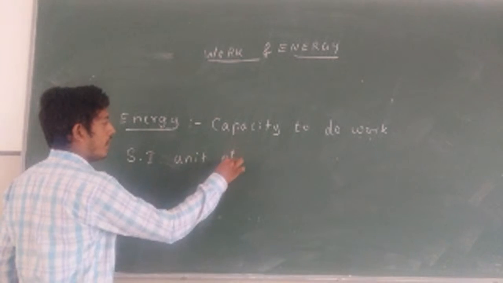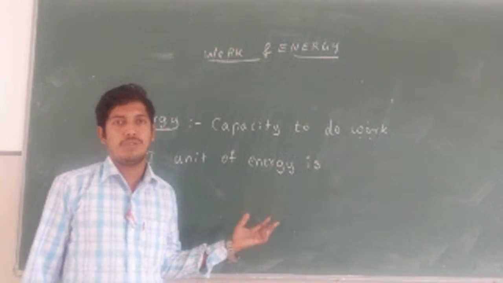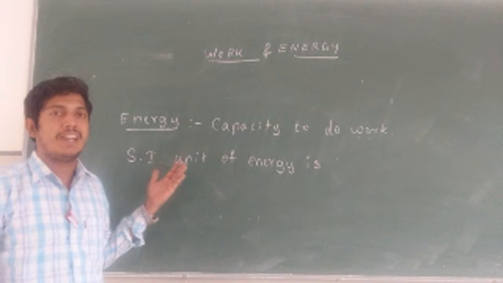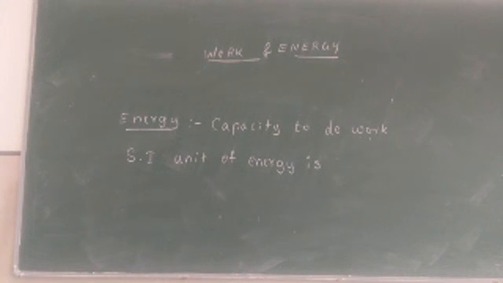Next, the SI unit of energy. In the previous class, you learned about energy, its definition, expression, everything. Just comment what is the SI unit of energy. We learned the SI unit of force as Newton, the SI unit of work as Joule. And energy means the capacity to do work.